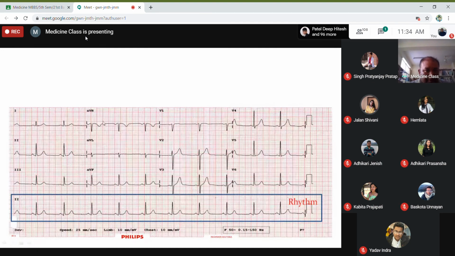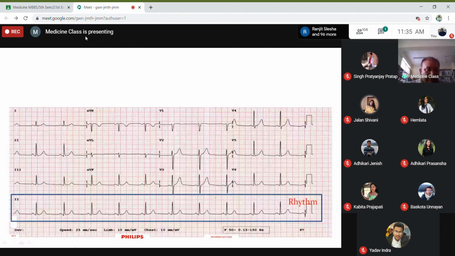In this group also, aVR comes first, then aVL, then aVF. So after 3, aVR will come, followed by aVL and aVF. Then from here it's V1 to V6, V1, V2, V3, V4, and so on. So this is the sequence it comes in as a rule.